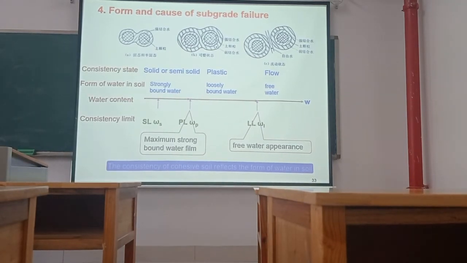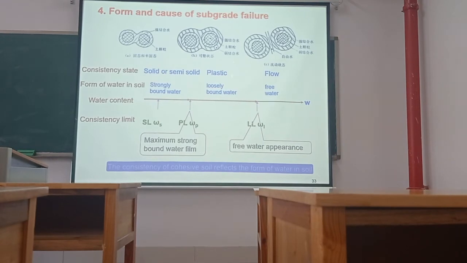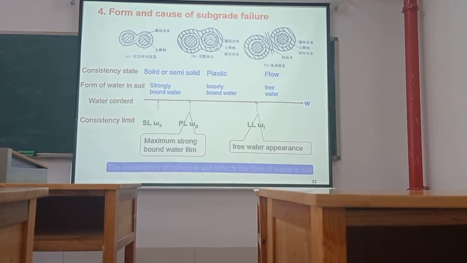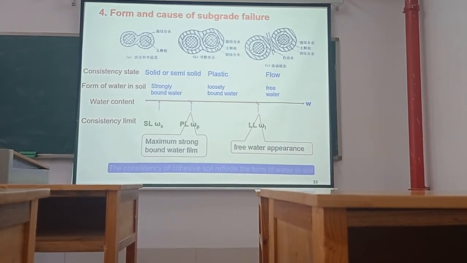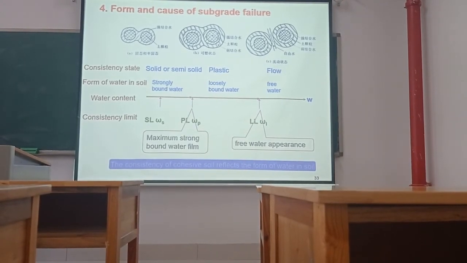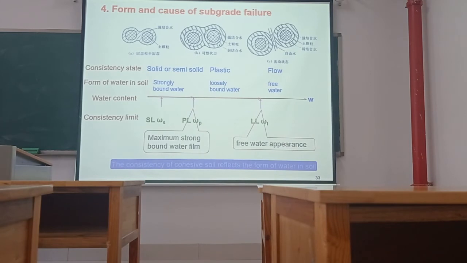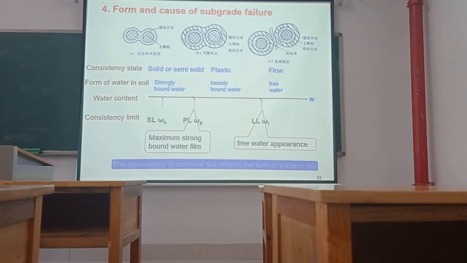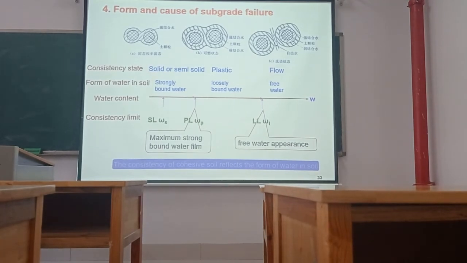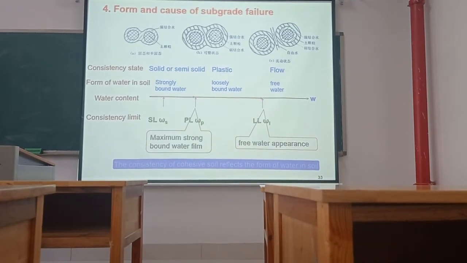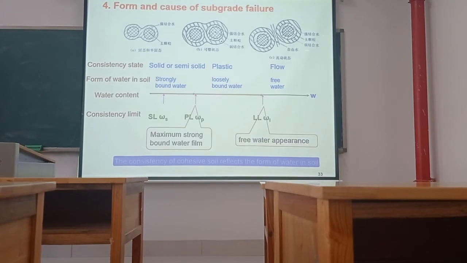Except for the soil particle and strongly bound water, there is loosely bound water. So from this picture we can know that the water film on the soil particle is increasing. And with the water increasing, there is free water.